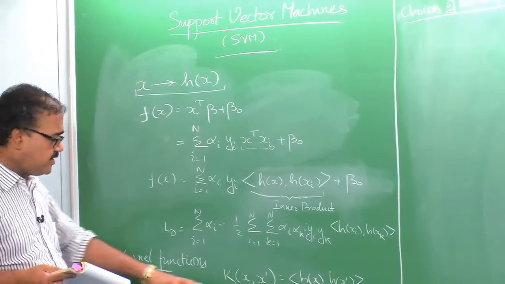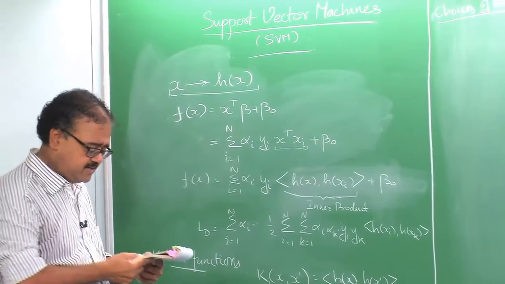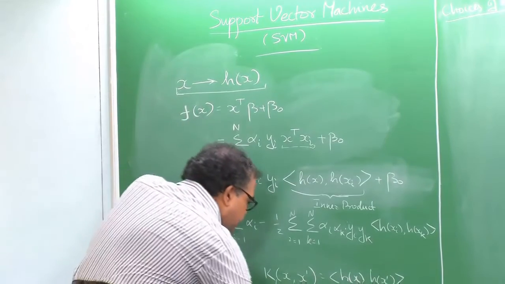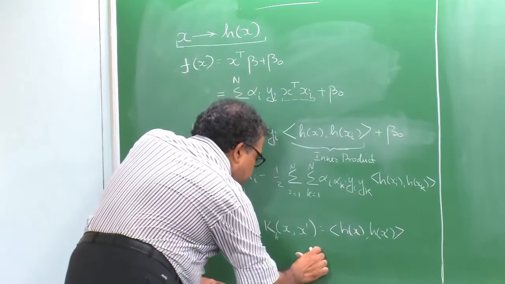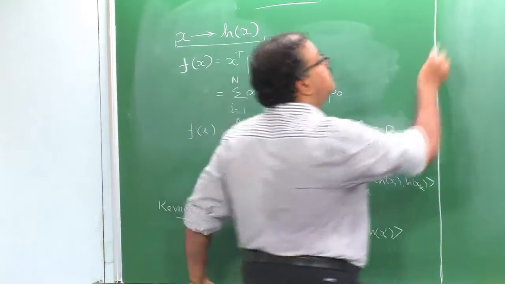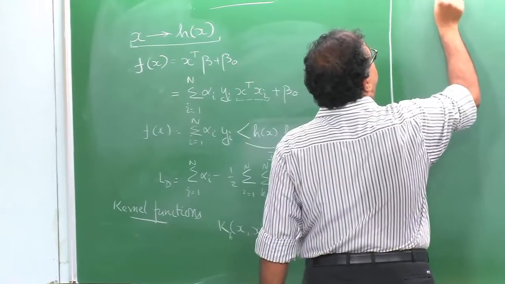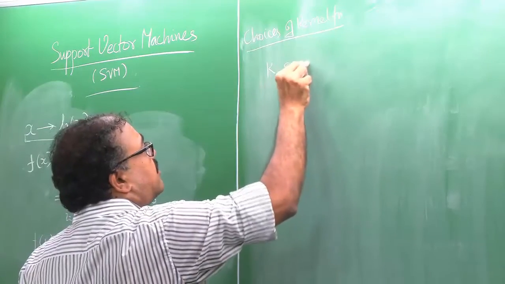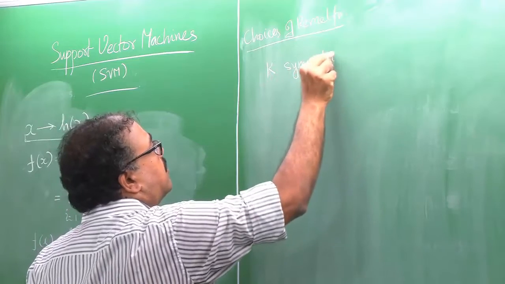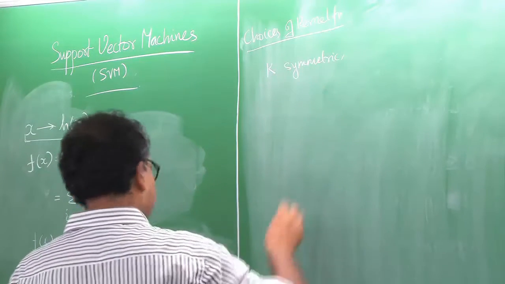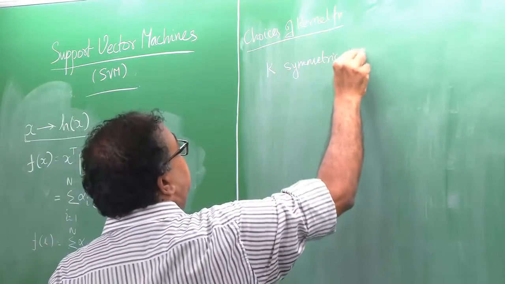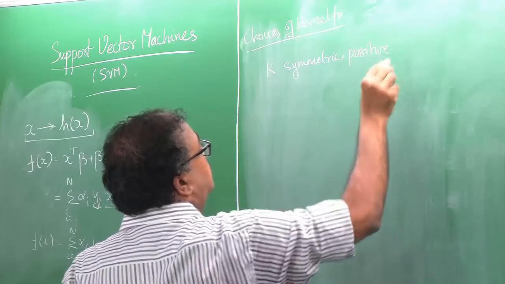One of the things that we require for a function to be a kernel function is that it should be symmetric, positive definite.